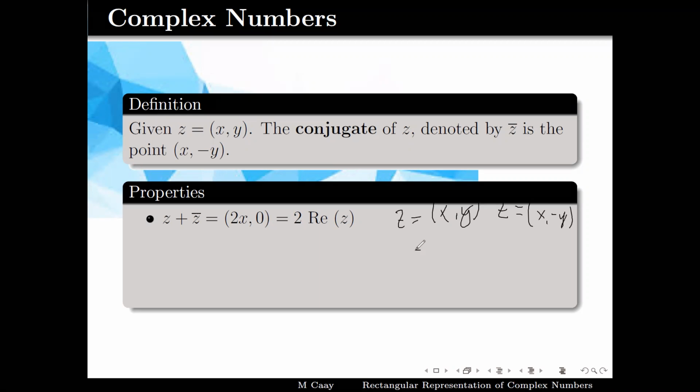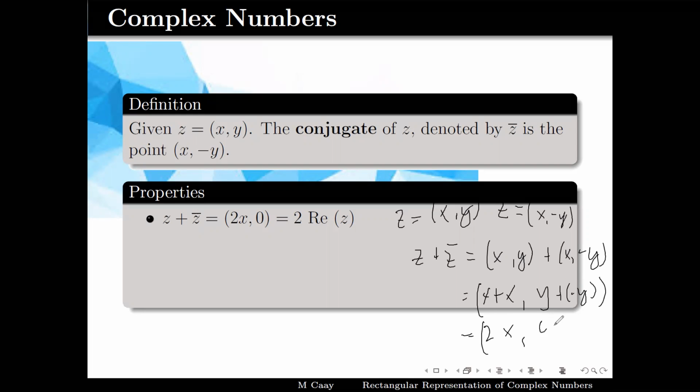If you take the sum of z and its conjugate, basically you have (x, y) plus (x, negative y). Remember that addition, which is a binary operation on complex numbers, is defined this way: x plus x, y plus negative y, and so you have (2x, 0) here. So this is actually 2 Re(z). That's it.